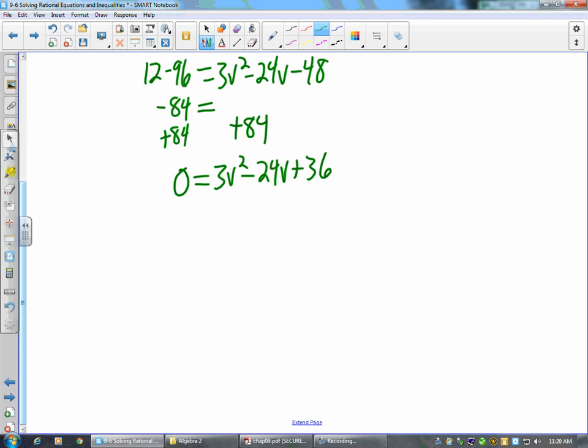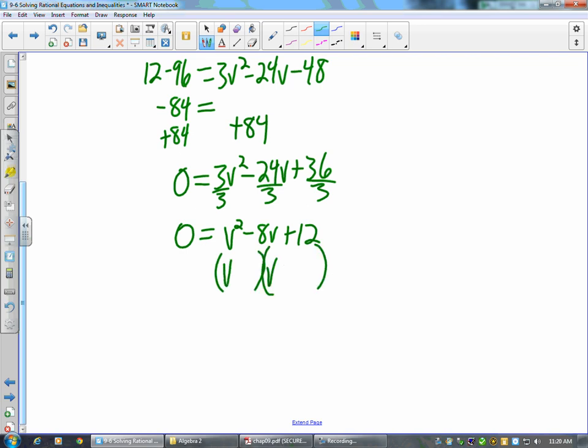So I'm looking at this, and we could go straight to the quadratic formula with it, or I'm noticing all three of these, I can divide by 3. That'll make my terms a little bit simpler. So v squared minus 8v plus 12, and that is a lot easier to factor.